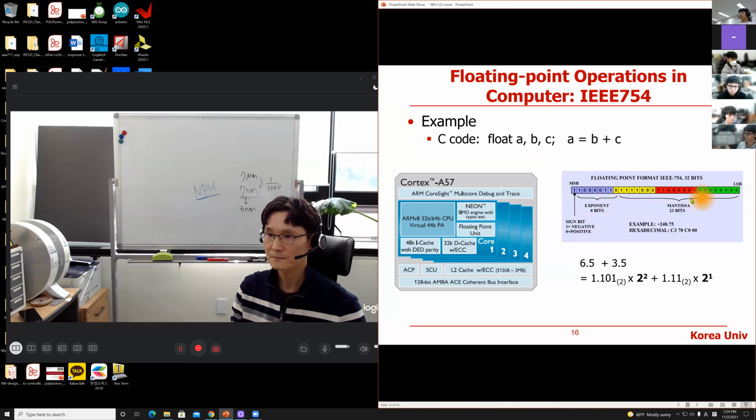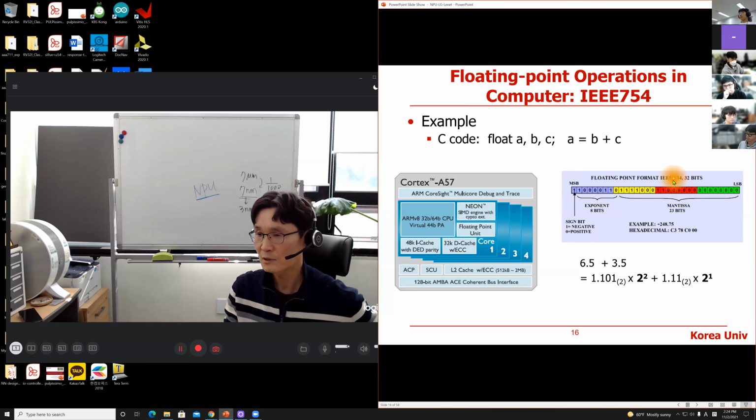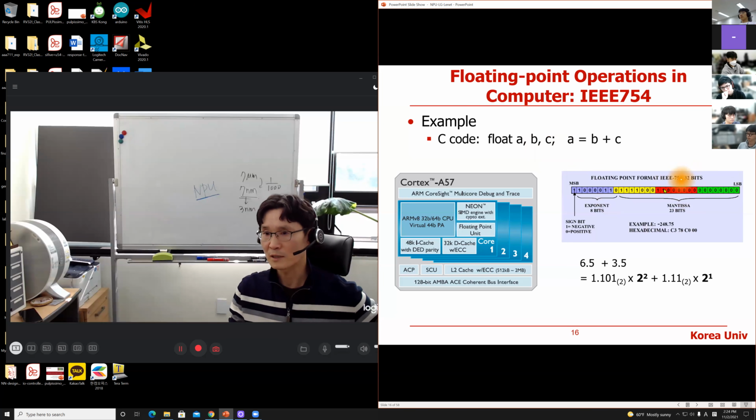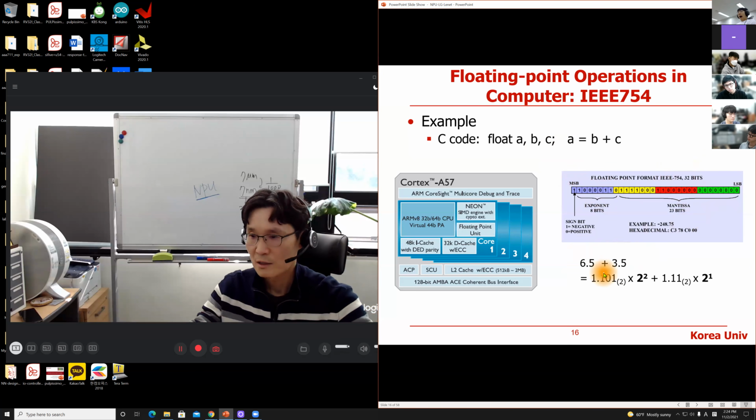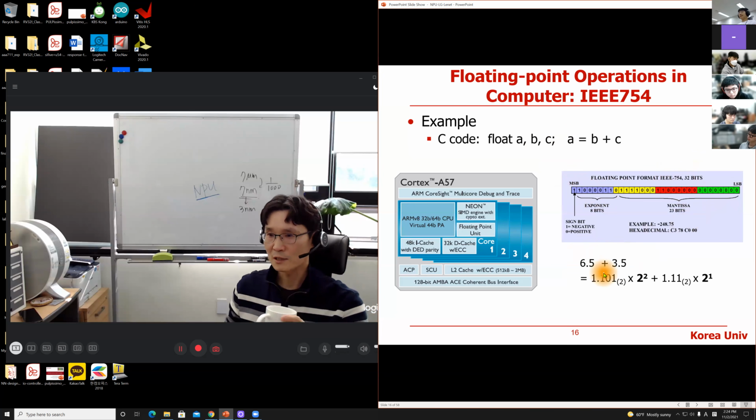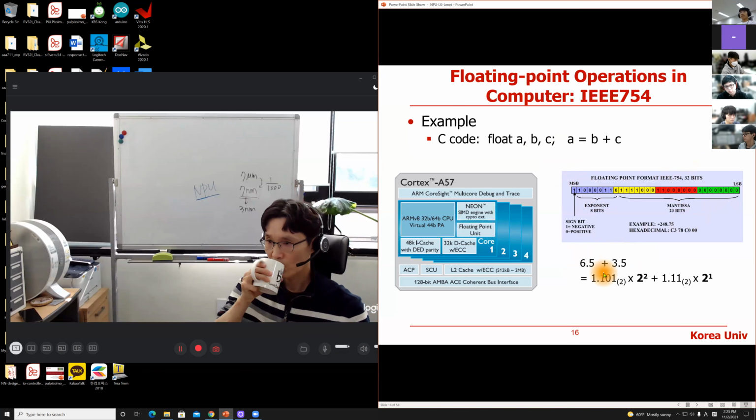That format, IEEE 754 format, right? The first one is a sign bit, right? Then 8-bit exponent. Then the remaining 23 is mantissa. So for that operation, actually the floating point operation is super complicated from a computer point of view.